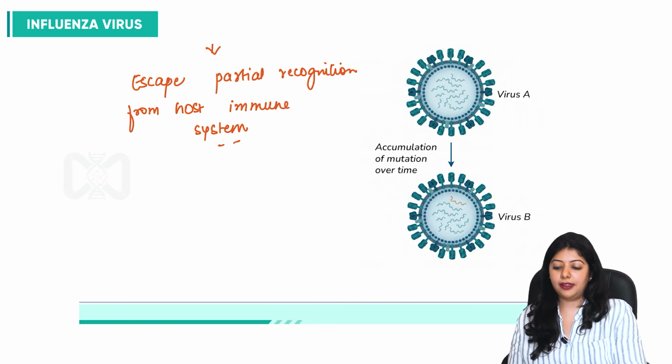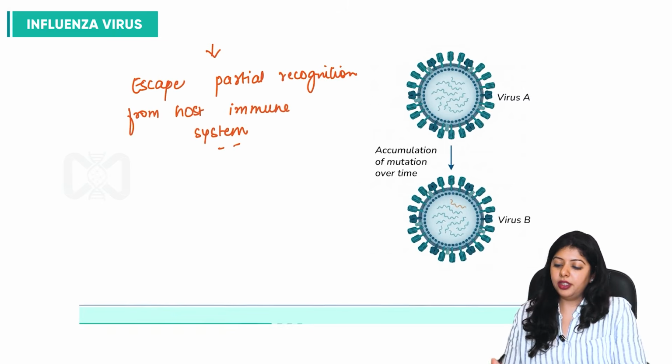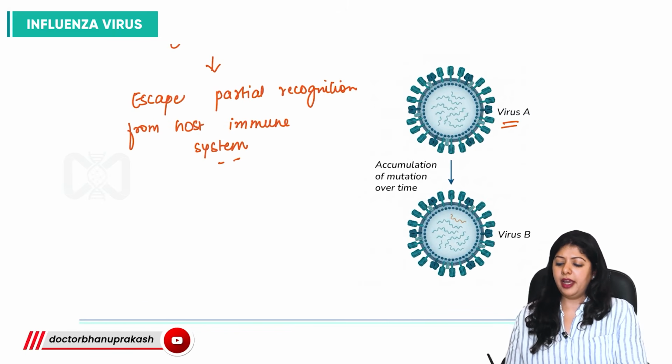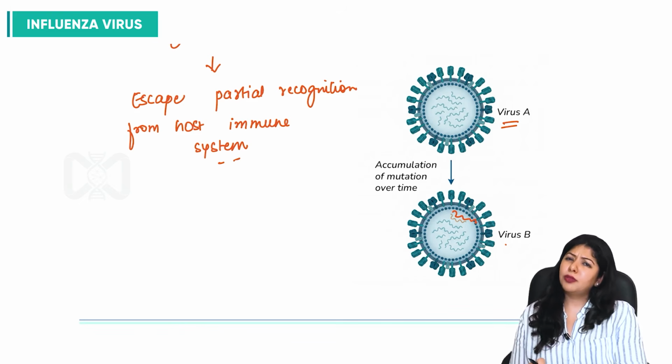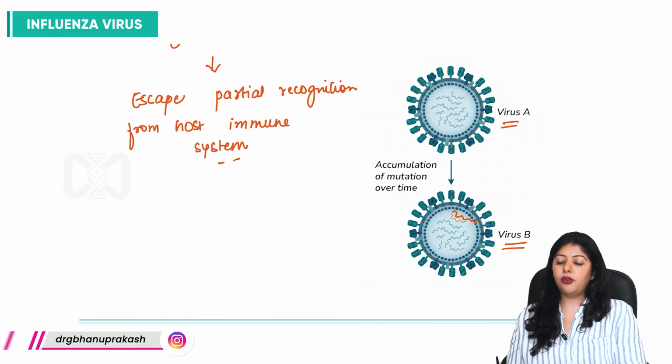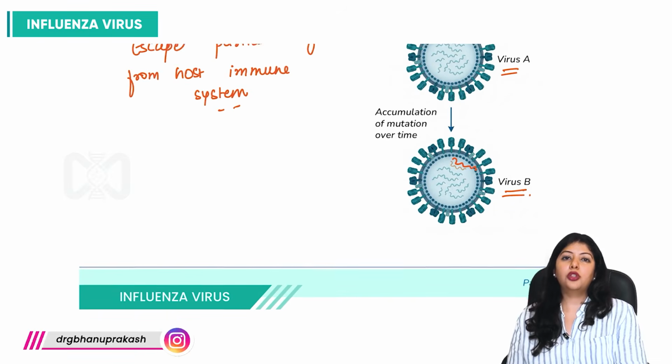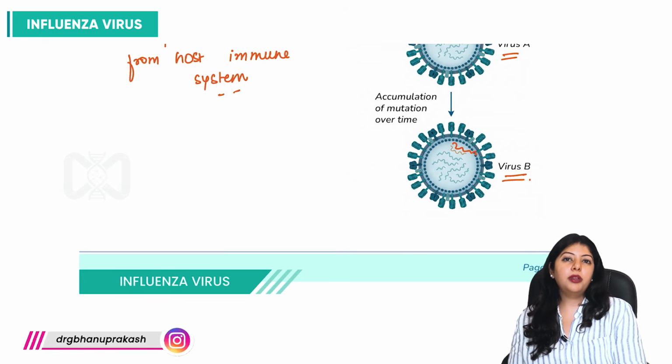So what is occurring here? Suppose this is virus A and only some change has occurred inside the virus, majorly in the structural proteins, which has led to only small variation in the viral structure, and there forms virus P, right? So no new virus is being formed. It is a small alteration which is responsible for the infection.